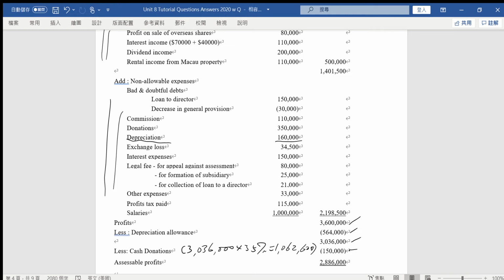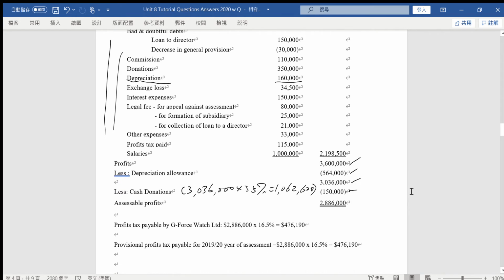You deduct these figures. Finally we can work out the assessable profit, 2,886,000, and then at the 16.5% standard rate, the company will be required to pay 47,690. Also, the question asks to calculate the provisional tax as that is specified.